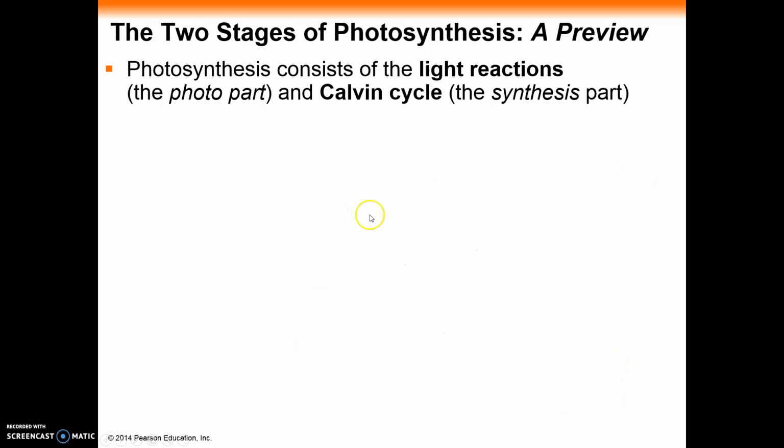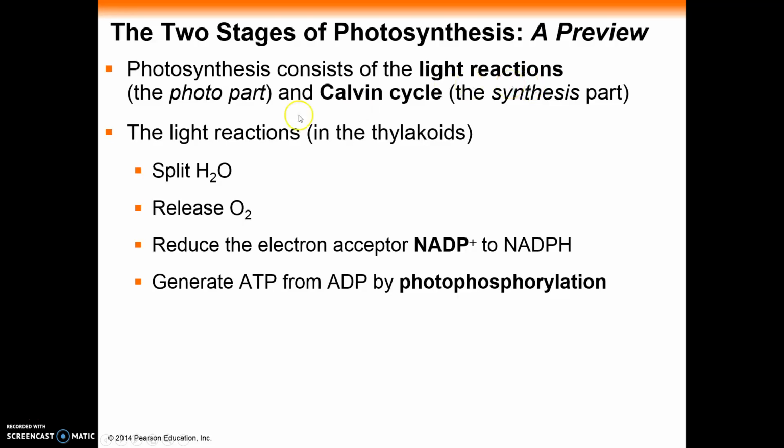This is a two-stage process. So we have light reactions and the Calvin cycle. Light reactions is where we use light energy. Calvin cycle is where we synthesize glucose from carbon dioxide.